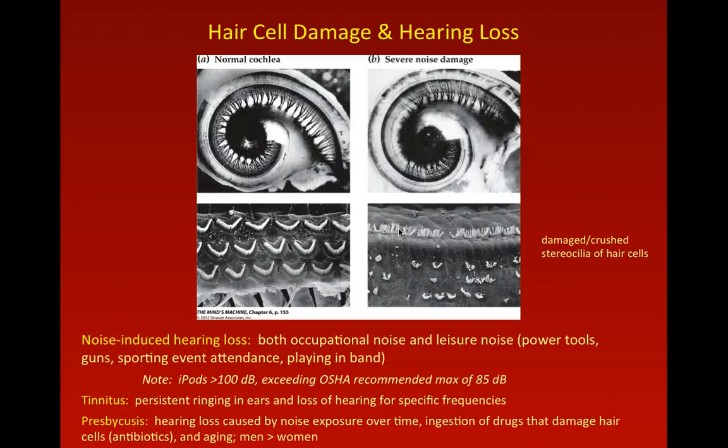Now, what does happen over time and with exposure to loud environments, anything over 85 decibels for long periods of time, is that the hair cells in the cochlea start to die and decline. So if we were to look at a healthy normal cochlea, and the hairs and the hair cells on the basilar membrane of the cochlea under a microscope, this is what it would look like.